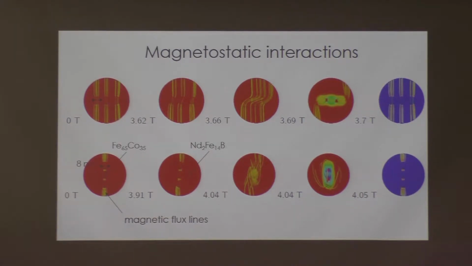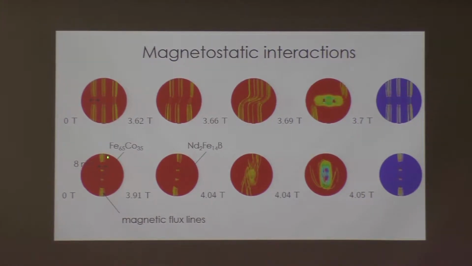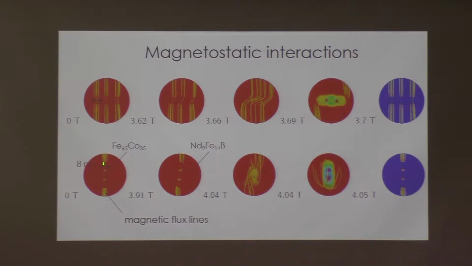This is for the perpendicular arrangement of our soft inclusions, and this is for the aligned, vertical arrangement. You see here that with this arrangement, we have a flux concentration from one soft magnetic inclusion to the next.